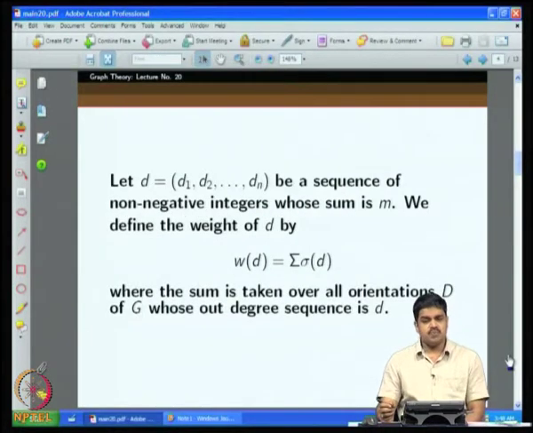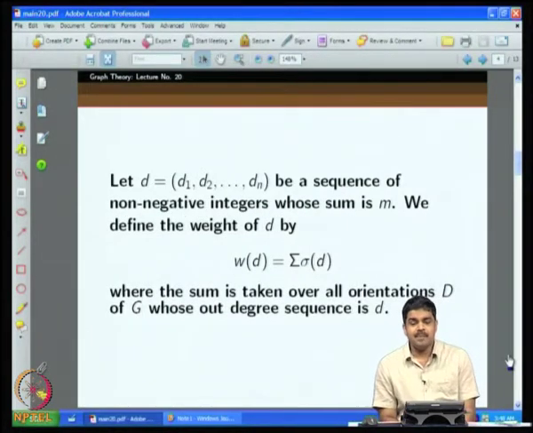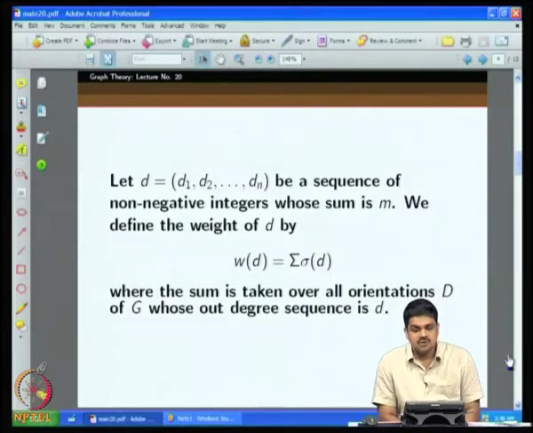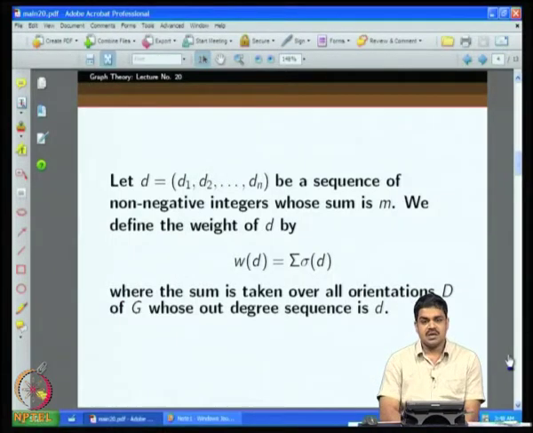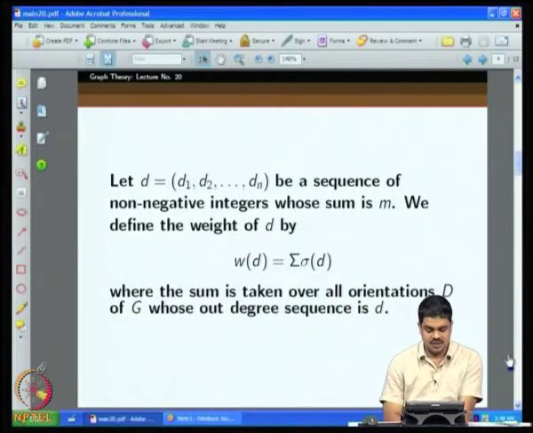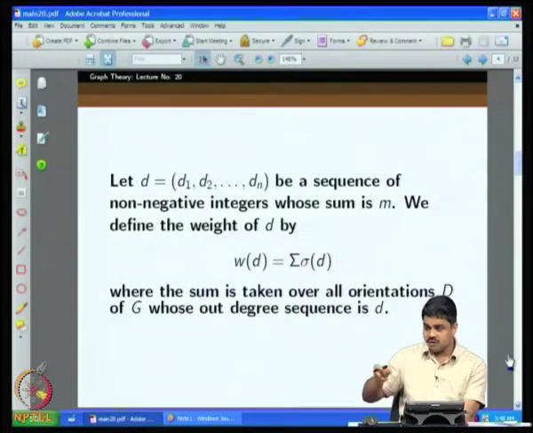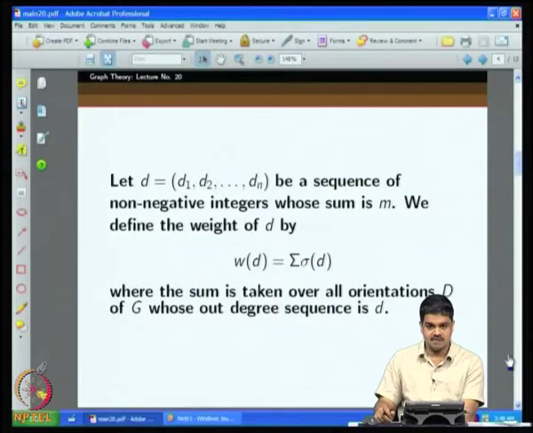So, now you can pick up a particular out degree sequence, that means the first vertex v1 has out degree d1, the second vertex has out degree d2, the third vertex has out degree d3, and the nth vertex has out degree dn. That is an out degree sequence. Given an undirected graph G, some orientation is given to the edges, some direction is given to the edges.